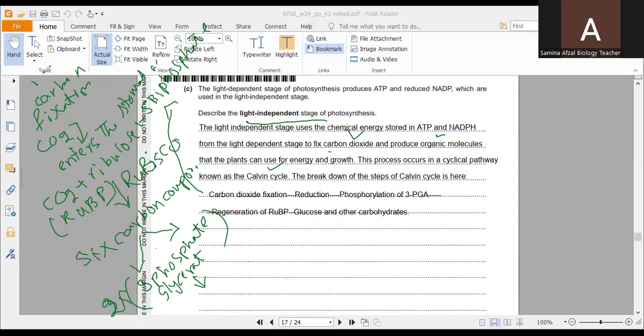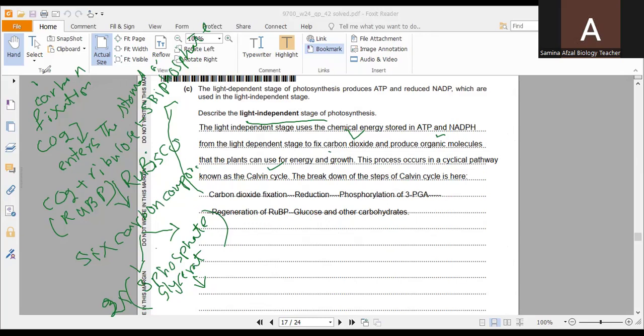Then the reduction will take place. ATP and reduced NADP from the light dependent reactions are used to convert 3 phosphate glycerate into another 3 carbon compound called glyceraldehyde 3 phosphate.